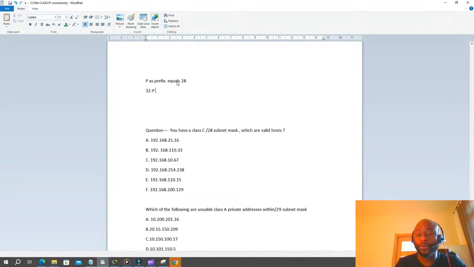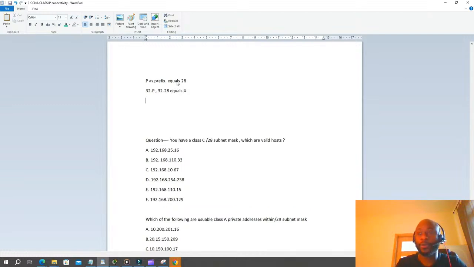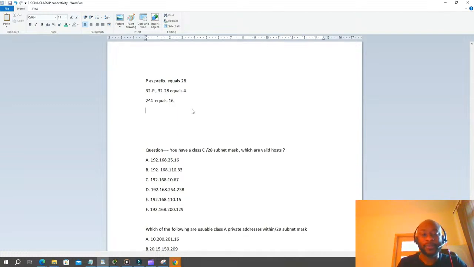So 32 minus 28 equals 4. So 2 raised to the power 4 gives you 16. So 16 is what we're gonna be using to actually get our first subnet.